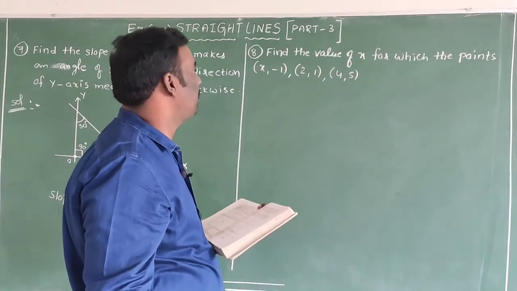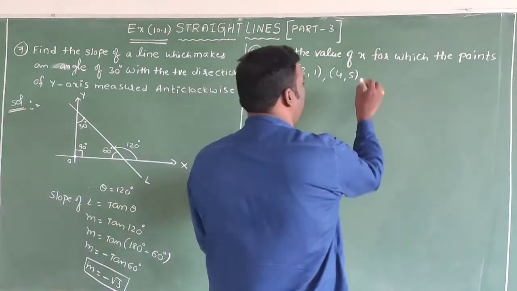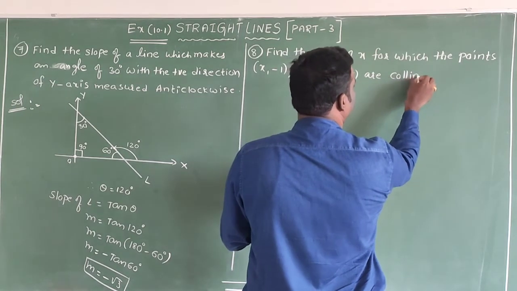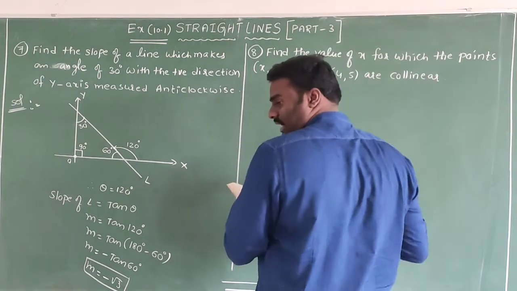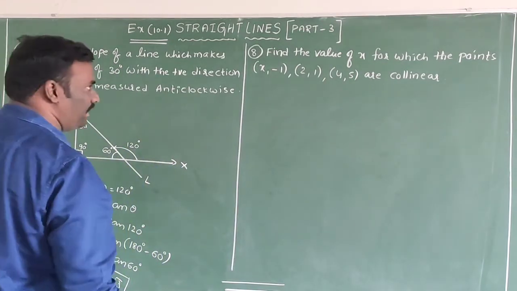First point (x, -1), next point (2, 1), next point (4, 5) are collinear. Okay, these 3 points are collinear. You need to find the value of x.